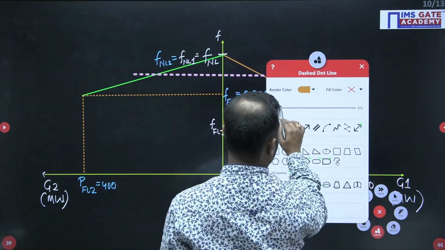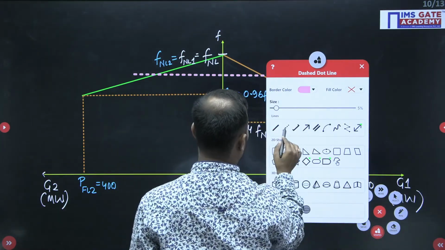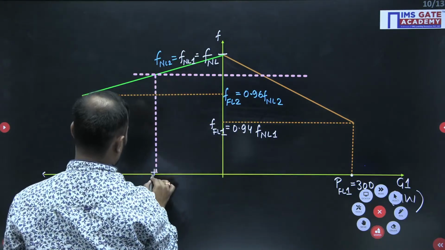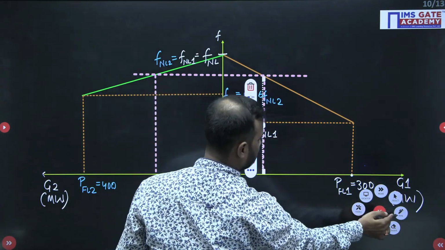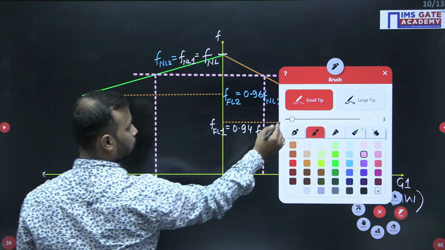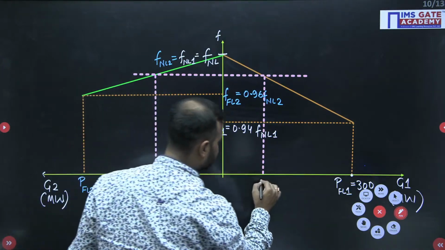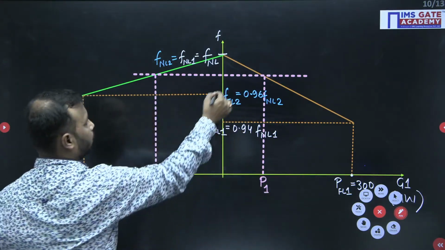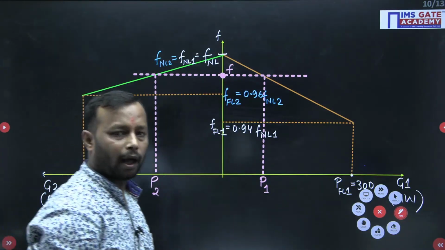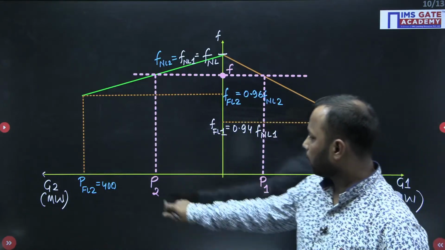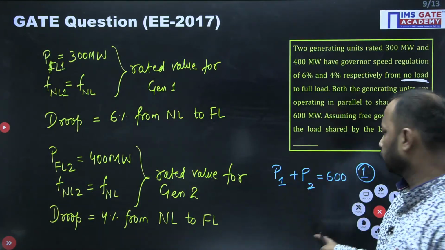So this is P2 and this is P1. This is P2 which I need to calculate, and this is P1. And this frequency is the unknown frequency at which both generators are operating. Did you understand? So what do I have to calculate? This P2 value. P1 plus P2 is 600 megawatt, which was given in the question.